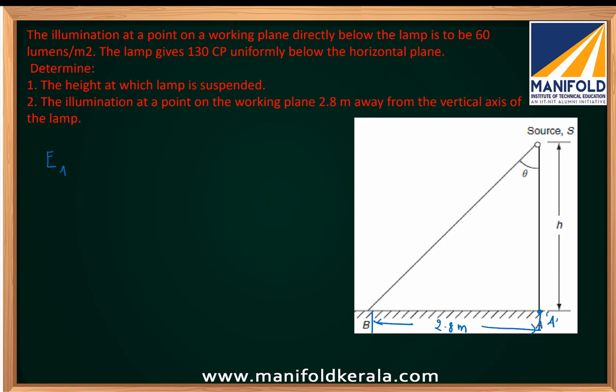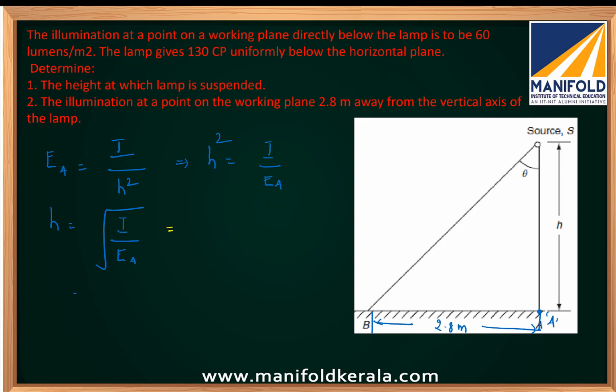The illumination at point A, which is directly below the lamp source, is given by luminous intensity I by h square. Here the angle theta is 0, so directly h square will become I divided by E_A, and h will become the square root of I divided by E_A.